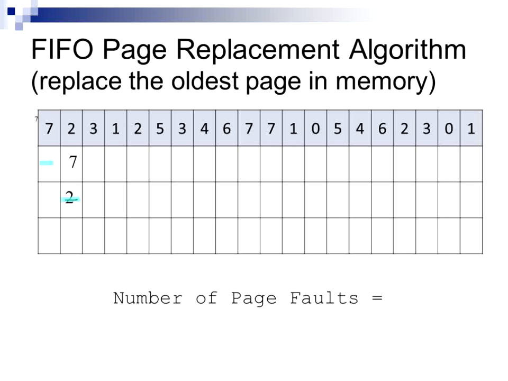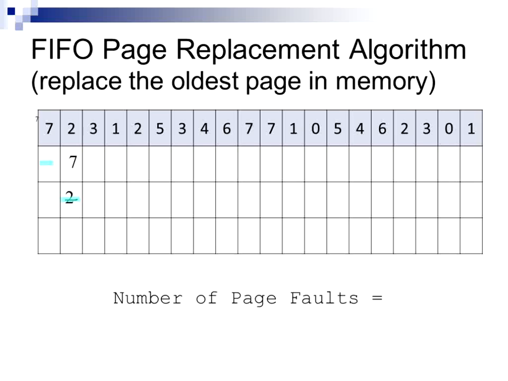Page 3 wants to come into memory now, and so we already have page 7 in memory, page 2 in memory, and now we're going to put page 3 in memory. So let me just fill these in again here.